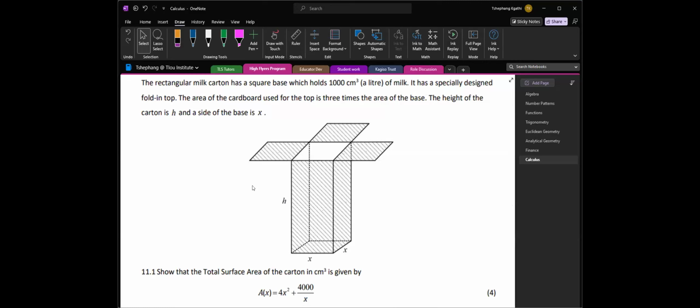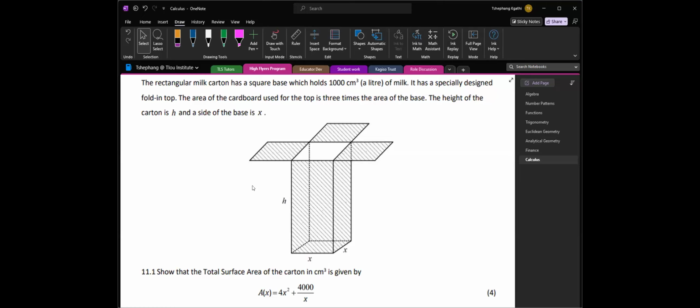It has a specially designed hole in the top. The area of the cardboard used for the top is 3 times the area of the base. The height of the carton is h, and the side of the base is x. Okay, so those are the dimensions of that rectangular milk carton. Show that the total surface area of the carton in square centimeters is given by A(x) equals 4x squared plus 4,000 over x.